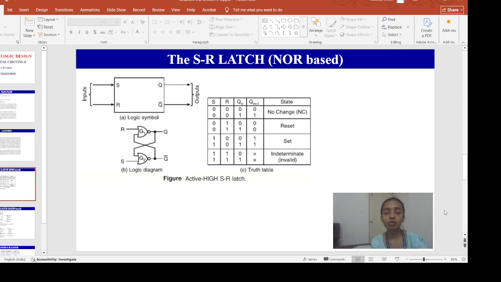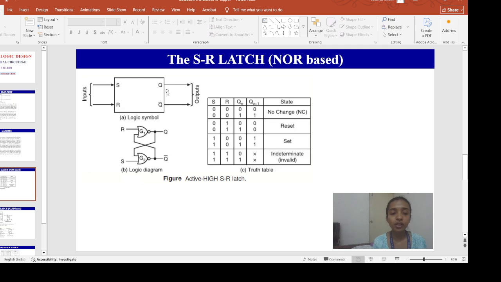Now we will move on to the basic SR latch. First we will discuss the NOR-based SR latch, which is also known as the active high SR latch. The simplest type of flip-flop that we have already discussed is called the SR latch.